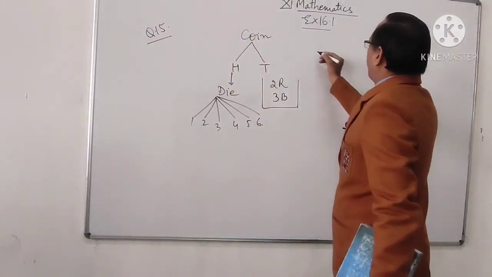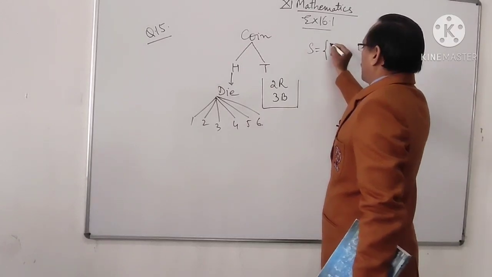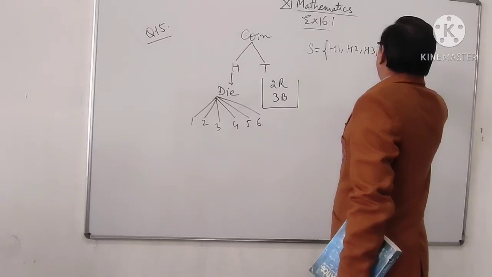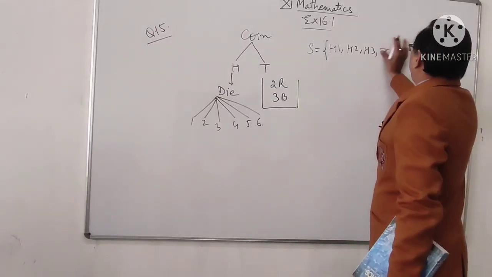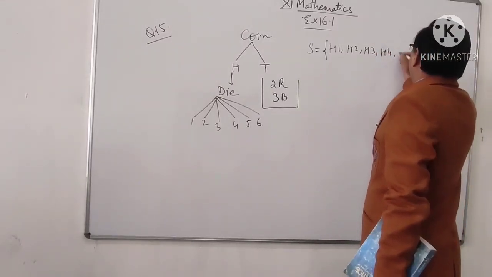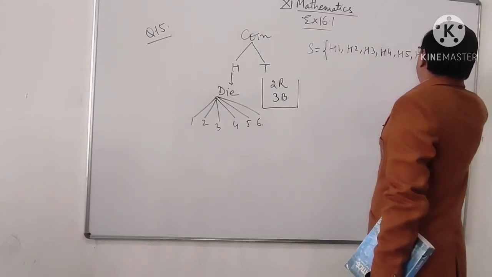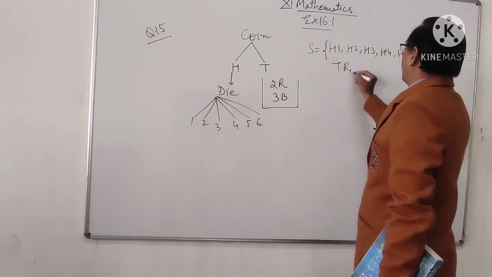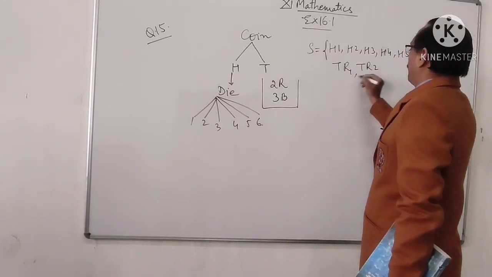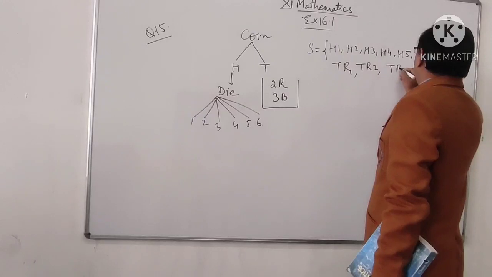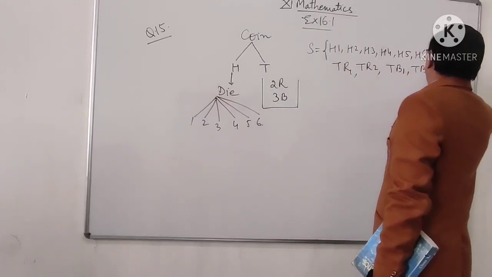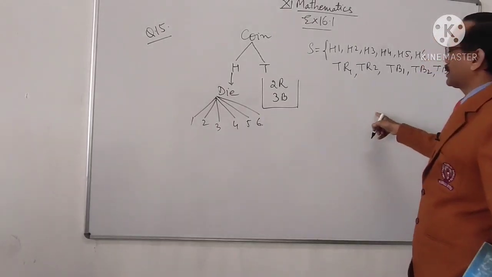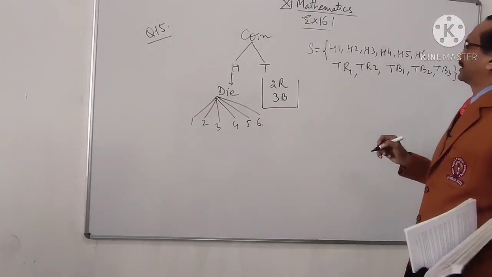So student, the sample space is H1, H2, H3, H4, H5, H6. Then TR1, TR2, TB1, TB2, TB3, because there are 3 black balls and 2 red balls.